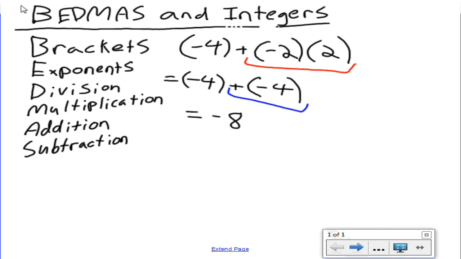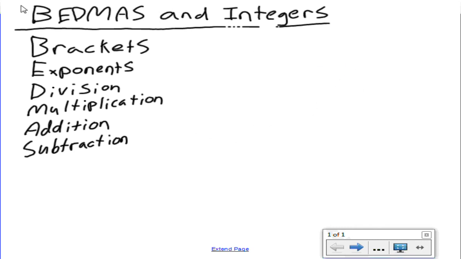Now with brackets, when we're dealing with negatives and integers in BEDMAS, our brackets are square parentheses.